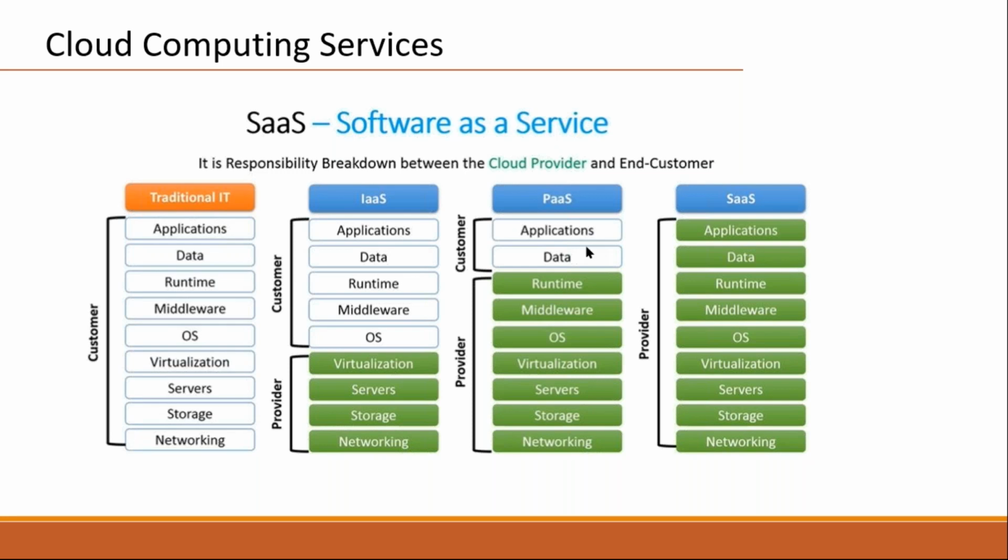Whereas in case of SaaS, everything is provided by the provider. Amazon will provide some SaaS applications, and Microsoft will provide some SaaS applications. But SaaS is basically a combination: from Amazon, we take IaaS or PaaS services and add our own application.